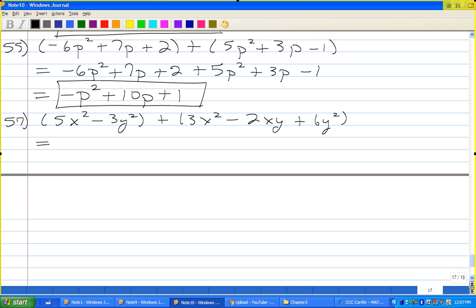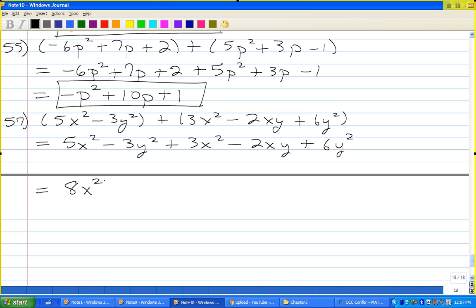So this is equal to 5x squared minus 3y squared plus 3x squared minus 2xy plus 6y squared. And so I have 5x squared plus 3x squared is 8x squared. I have minus 2xy, negative 3y squared plus 6y squared is 3y squared. So I am done.